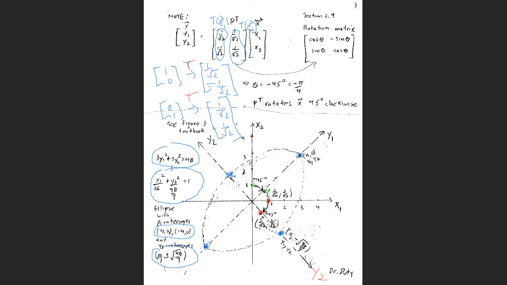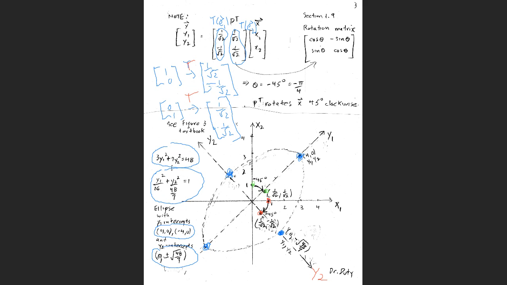So you have intercepts of plus or minus (4, 0) on the y1 axis, and then you have intercepts of plus or minus square root of 48 sevenths on the y2 axis. And look at this, now you can graph that ellipse easily with these new axes.